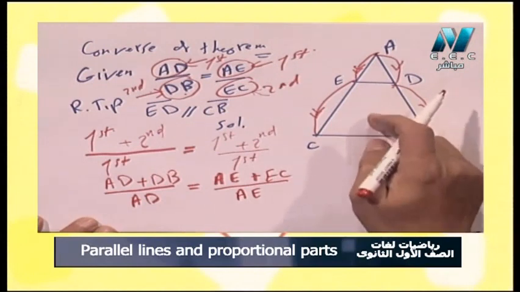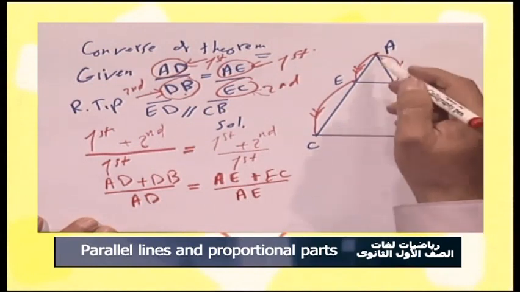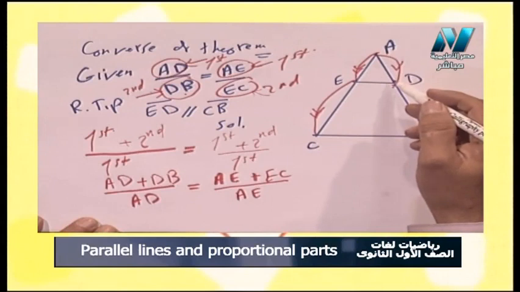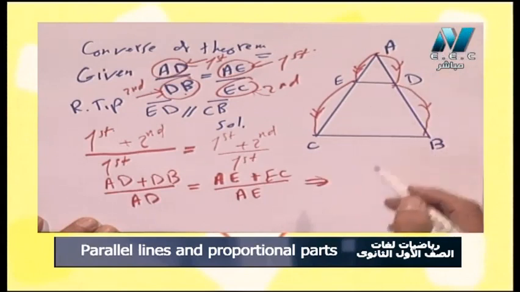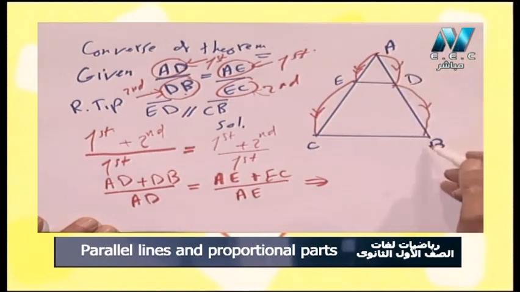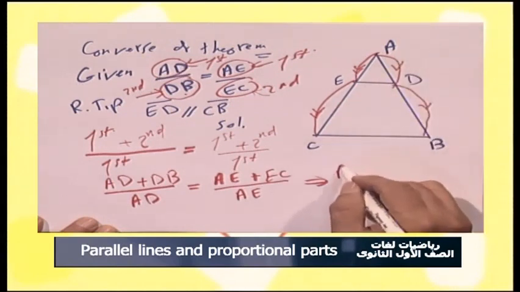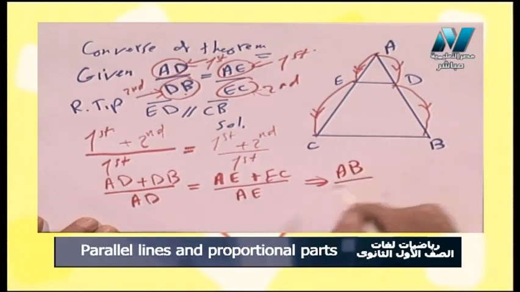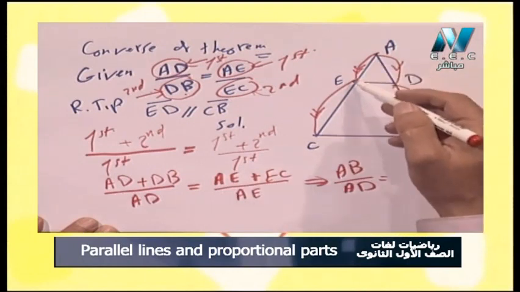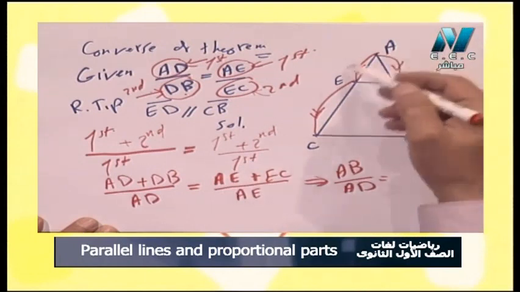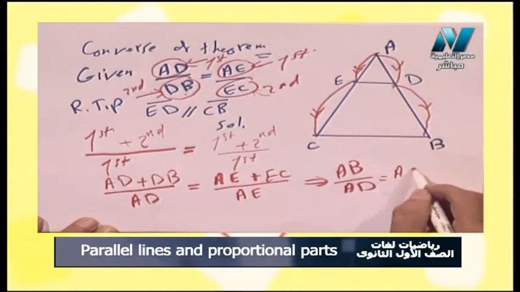Look carefully at this figure. AD plus DB will be equal what? Of course, AD plus DB will be equal AB over AD itself, and we have AE plus EC here will be, of course, AC over AE.